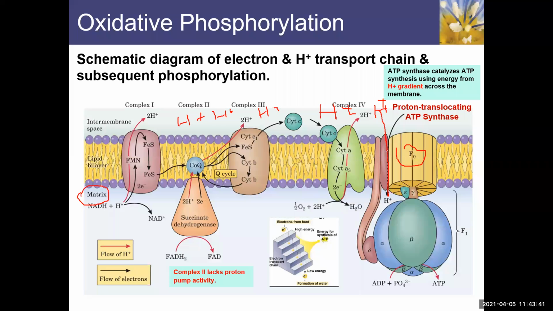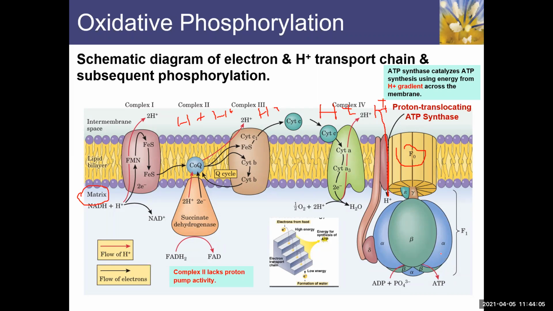As these protons travel through this channel into the matrix, what will happen? The influx of these protons will drive this rotor, or the components of the F0.